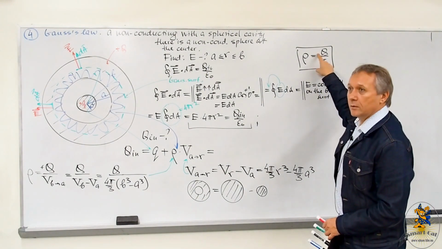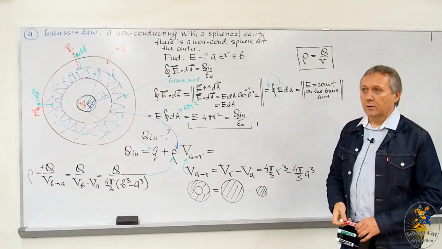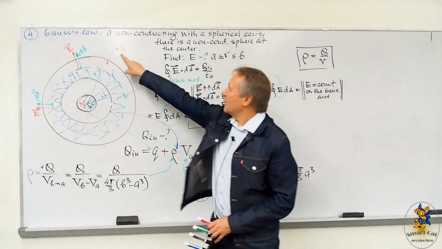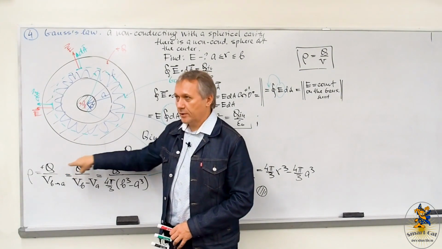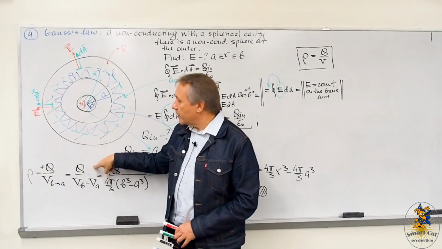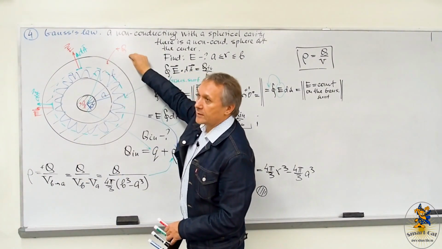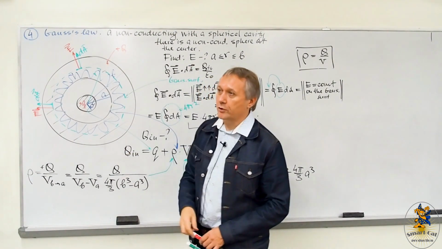No, this is just a definition. The one in the red, the Q capital. In the diagram. Okay, this is over here. It's a discharge. We use the charge in order to find volume charge density. This is given. So I need to use that in order to find volume charge density.